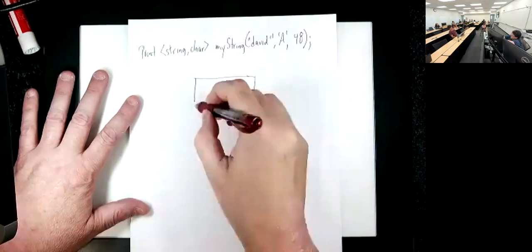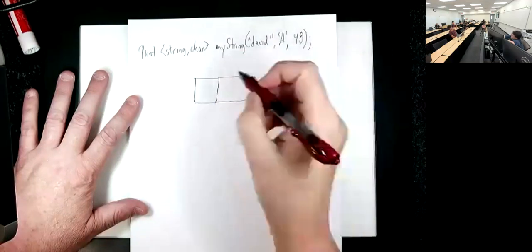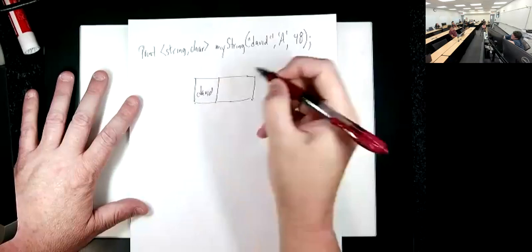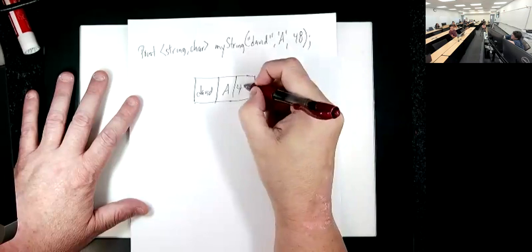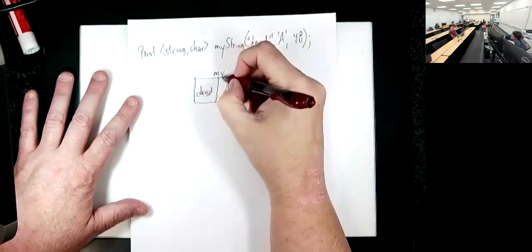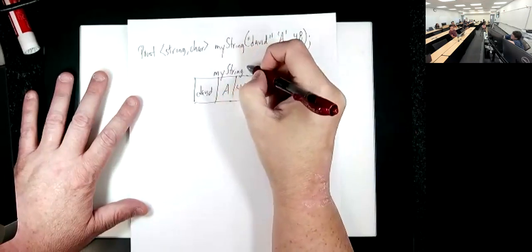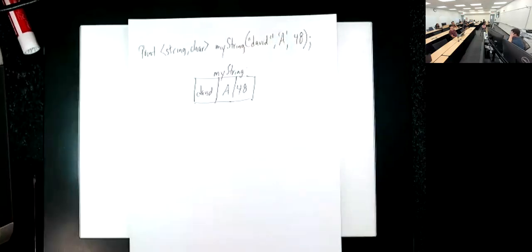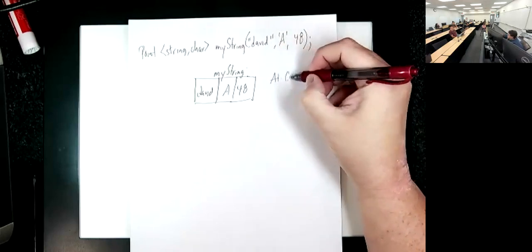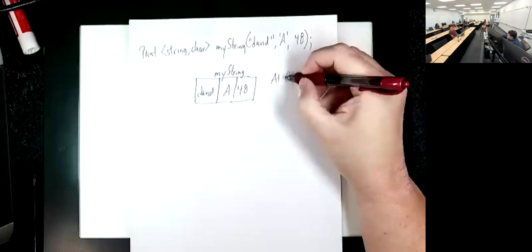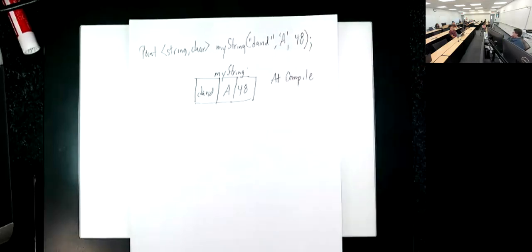We got our data set aside here. I gotta have room for my name, room for my character and room for my age. And this box was called my string. Okay? No pointers were involved, we just printed as is. If I wanted to make a pointer to it, I could. This all happens at compile time. So that's the first one.